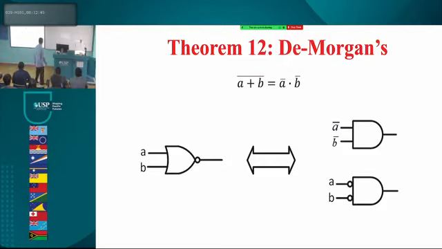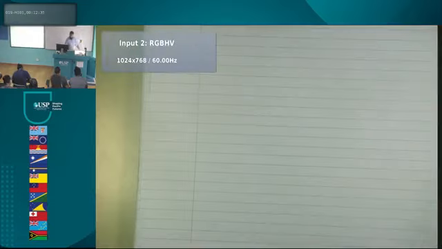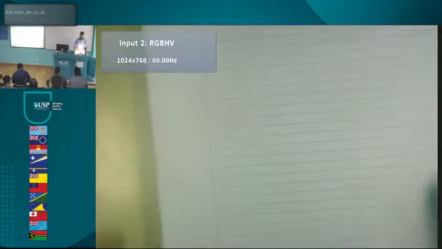How do you do the conversion? The De Morgan's theorem comes in two versions. So let's switch to the document camera. By the way, guys, this slide is on the Moodle shell, not updated, but it's the same one.